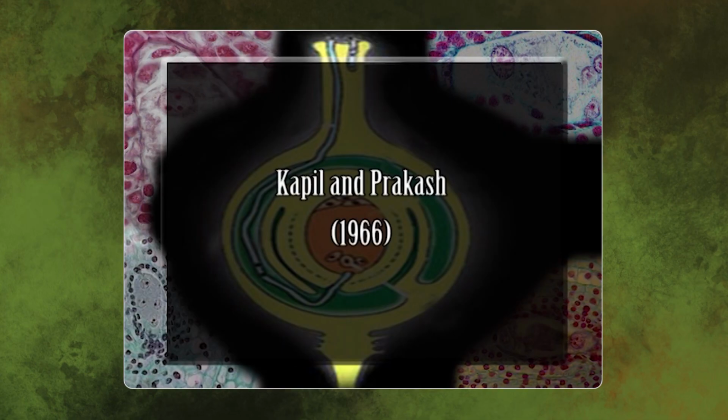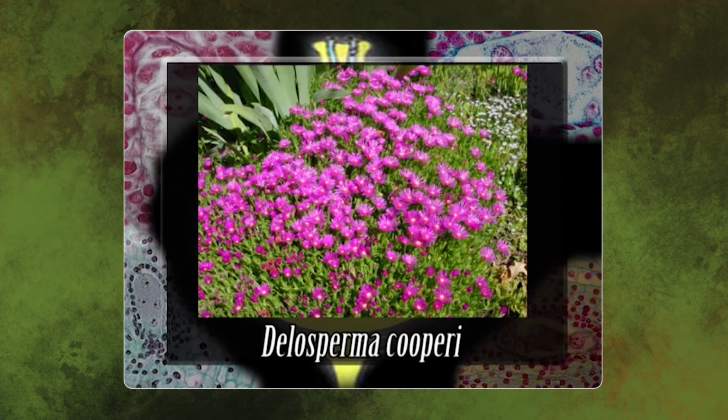nucleate. Occurrence of more than one type of embryo sac development in the same species or even in the same individual is common in some cases. Kapil and Prakash in 1966, in Delosperma cooperi, reported 14% ovules showing the Polygonum type of embryo sac, 18% Endymion type and 68% various tetrasporic types.